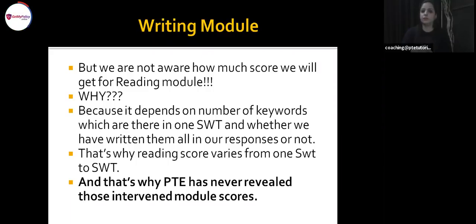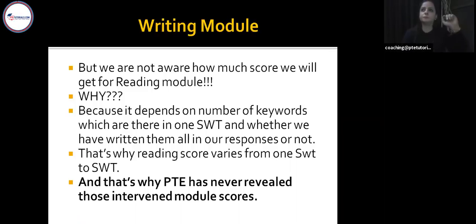It means the software itself cannot count the number of keywords one person will be using. But definitely there will be some percentile setup.